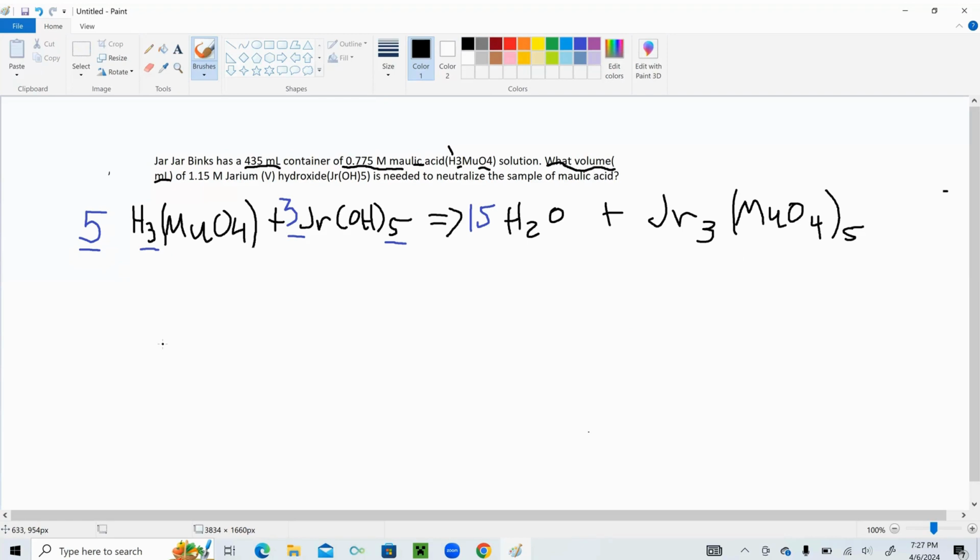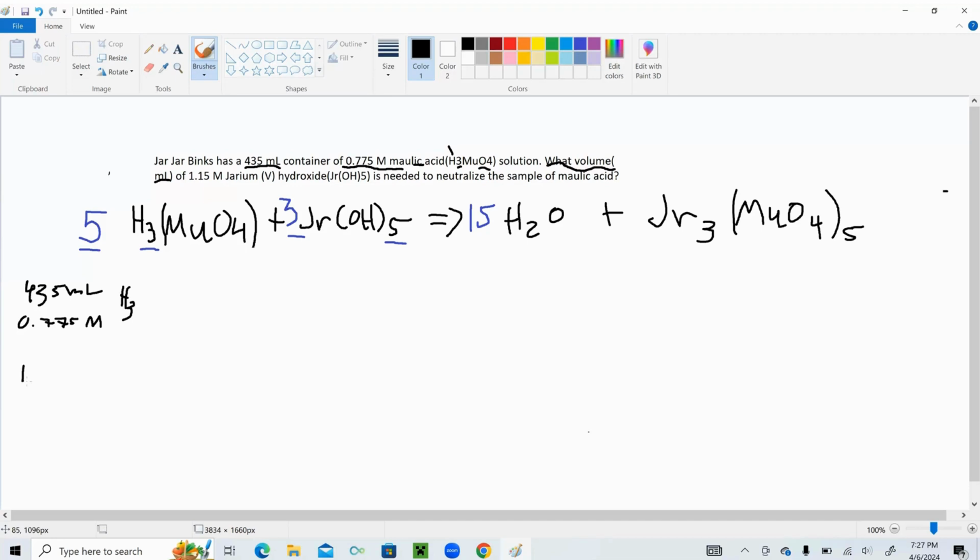In this case, we are given 435 milliliters of a 0.775 molar acid. I just like to write H3, but I'm lazy, but don't do that. Just write the whole formula.